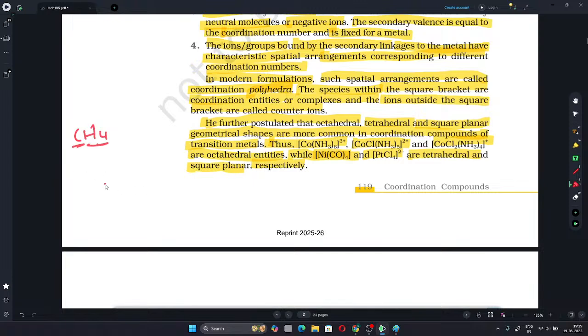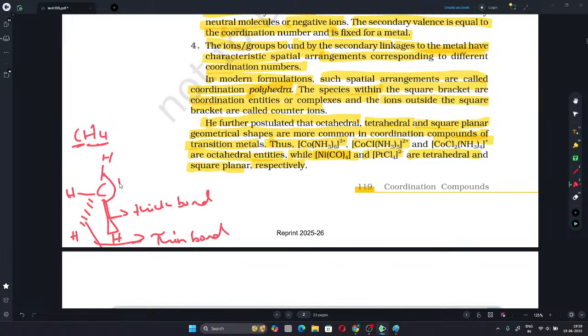The structure will be where this is the thick bond, and this is the thin bond.